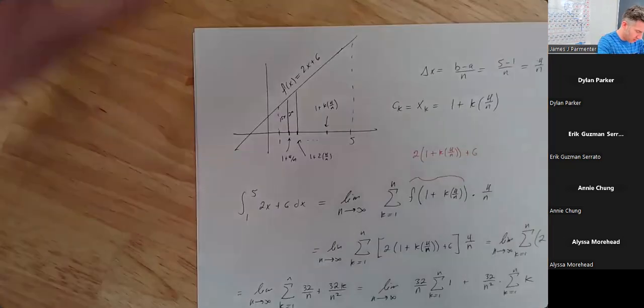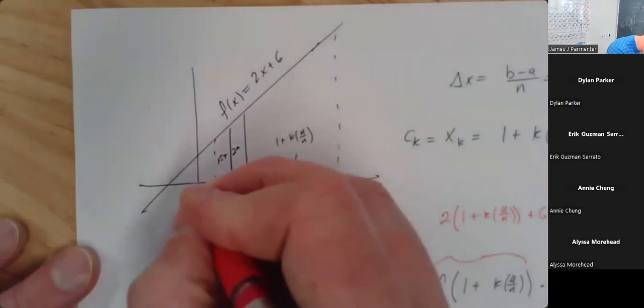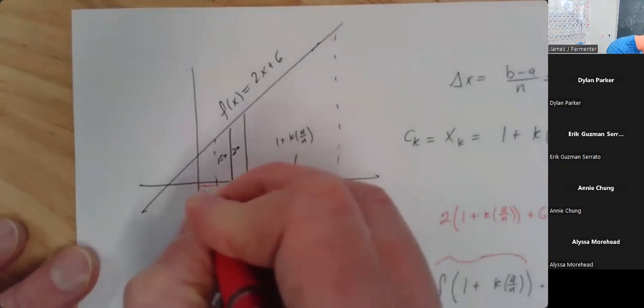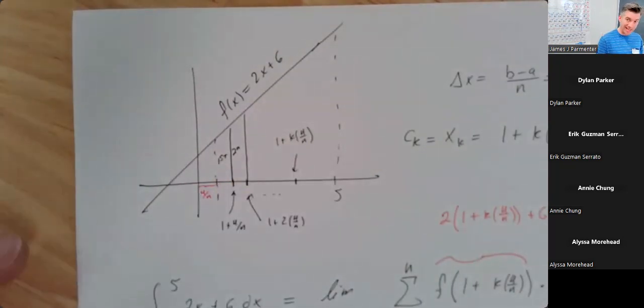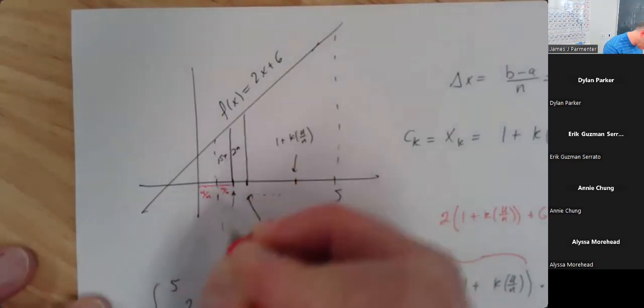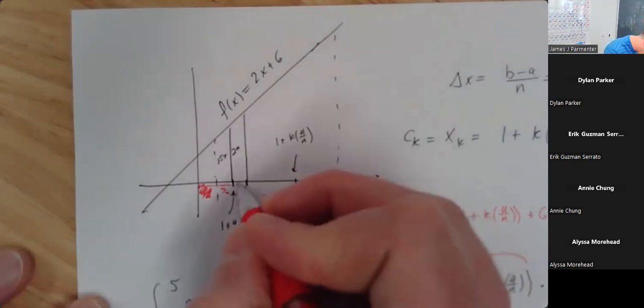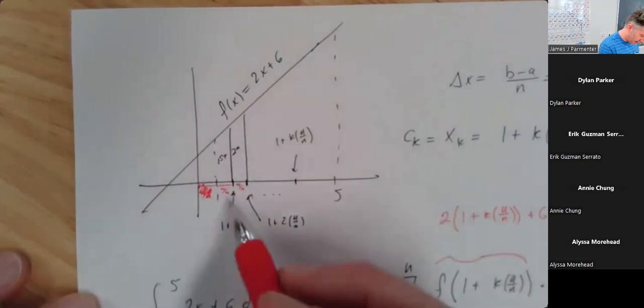In fact, let's zoom in really close here. So this length right here, that's 4 over n, because that's my delta x, how wide each subinterval is. This is also a 4 over n. Sorry, I labeled the wrong one there. That's a 4 over n. That's a 4 over n. So I've added 4 over n twice.